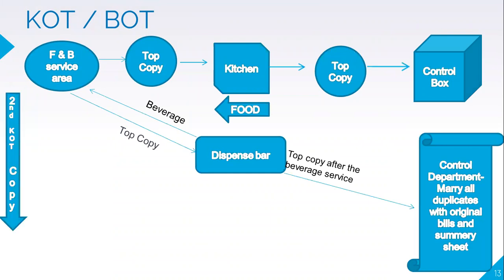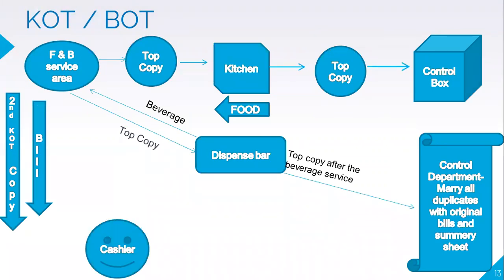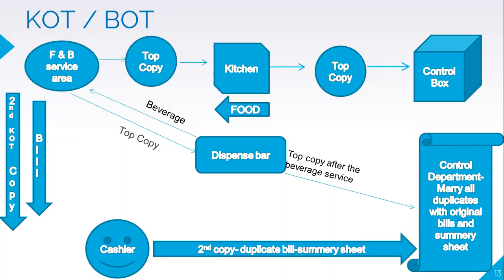Now, second KOT copy is going to come to the cashier, and cashier is going to use the second copy to make the summary sheet, and then the same will be sent to the control department. Now, once he receives the second copy of the KOT, he's going to make the bill and it will be sent back to the food and beverage service area.